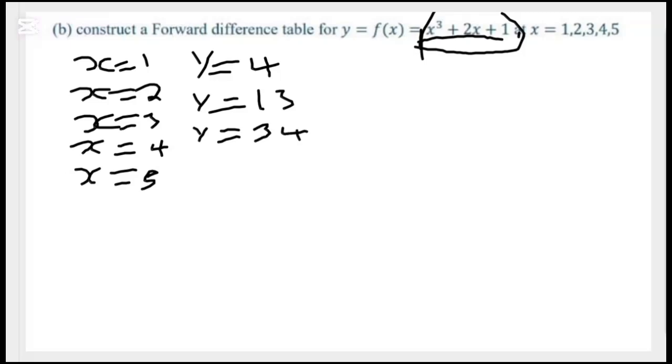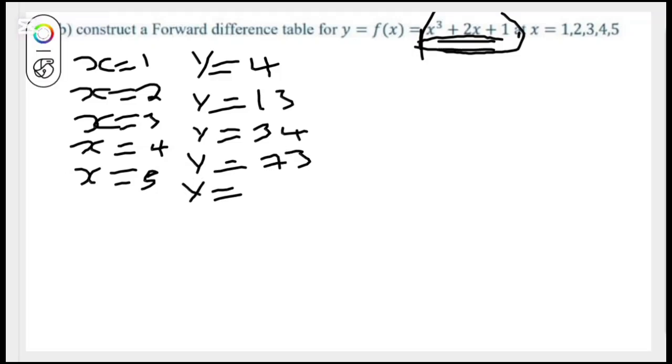And if I substitute 4, I'll get 73. If I substitute 5, the last but not least, you have to take note, these are the x. You are going to substitute them. So I'll get 136. I have to find my first forward difference because this is a forward difference table.